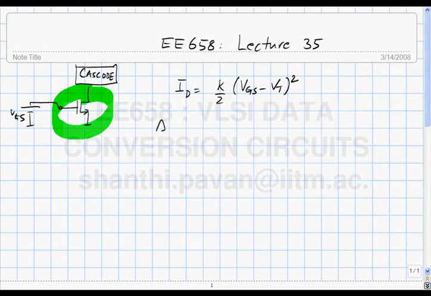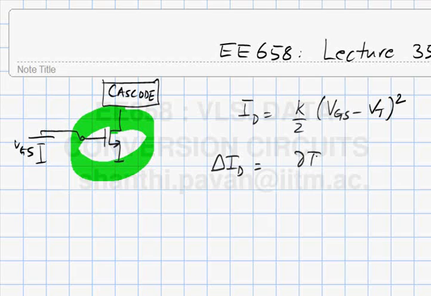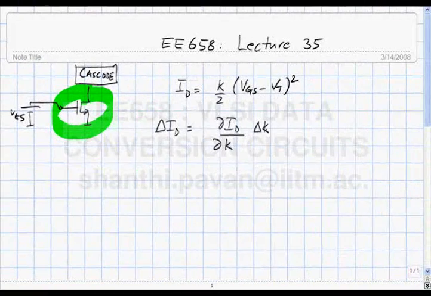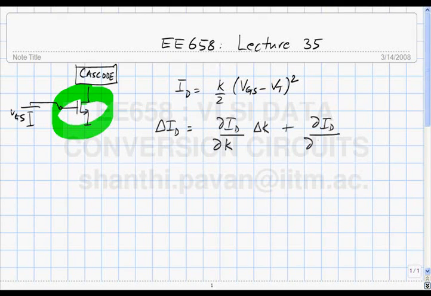So what is delta ID? Delta ID is nothing but dou ID by dou K times delta K plus dou ID by dou Vt times delta Vt.